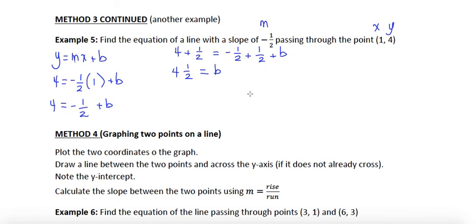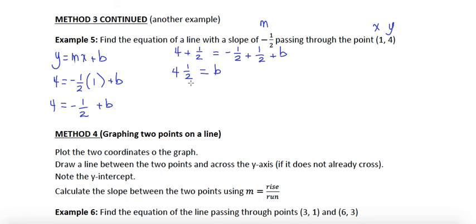Now, I would suggest that you write your mixed fractions as improper fractions, or you could write them as a decimal number, whatever is easier for you to think about if you were to actually sketch this line, okay? If your slope is given to you as a fraction, I would encourage you to write your y-intercept as a fraction as well.